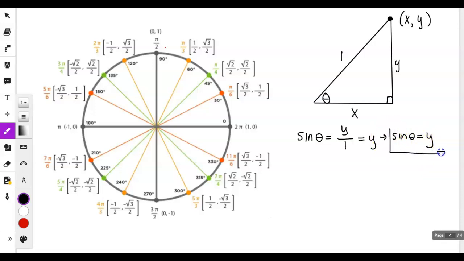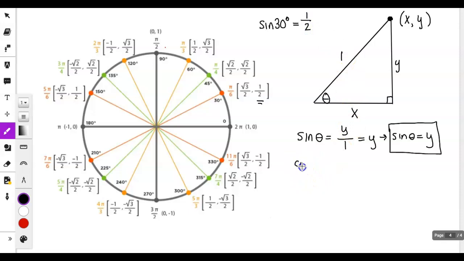So if I ask you what is the sine of 30 degrees, all you have to do is look at your unit circle, go to 30 degrees, and read me the y coordinate. So the sine of 30 degrees would just be 1/2.